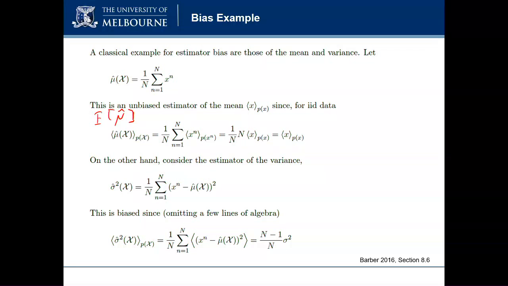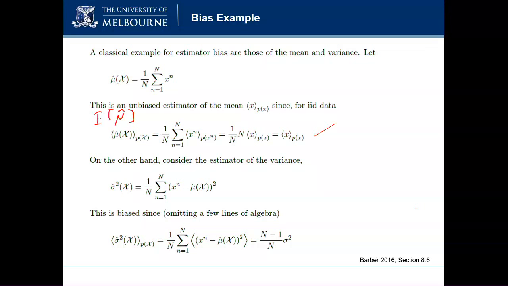This strange bracket is the expectation operator. So you take the expectation of the individual variables, but that's the individual expectation, and then the n's cancel out, so you get the result. This is trivial. And then you can also do a variance estimator.